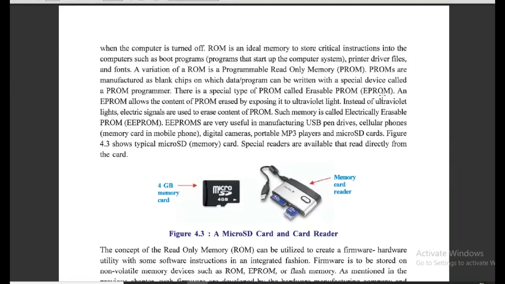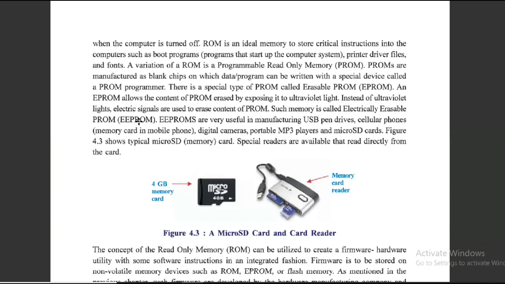And there is EPROM, that is erasable programmable read-only memory, wherein we can erase earlier data from this ROM and we can write new data, erasable and programmable. And then comes EEPROM, that is electrically erasable programmable read-only memory, where you can erase data electrically and then you can write data on it.